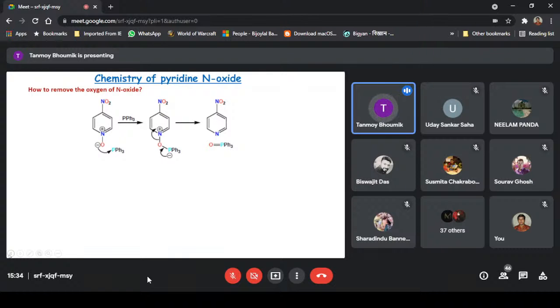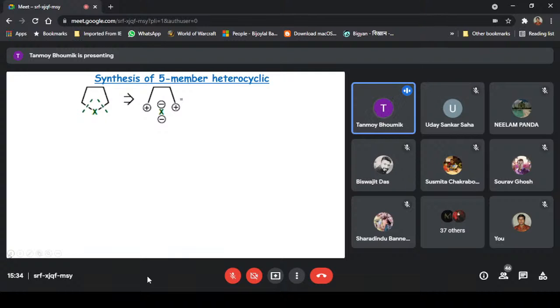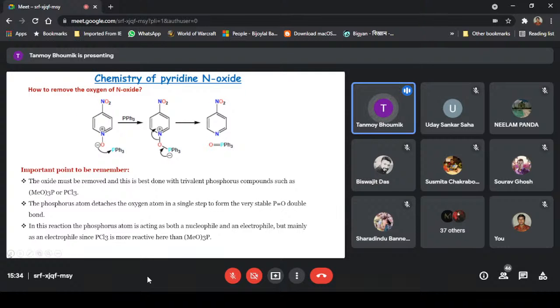Basically, pyridine N-oxide comes back to pyridine using triphenylphosphine or trimethoxyphosphine, which can easily bond with this oxygen atom, and the oxygen is easily removed as phosphine oxide. This phosphorus molecule can be easily removed, and then you get the pyridine molecule.